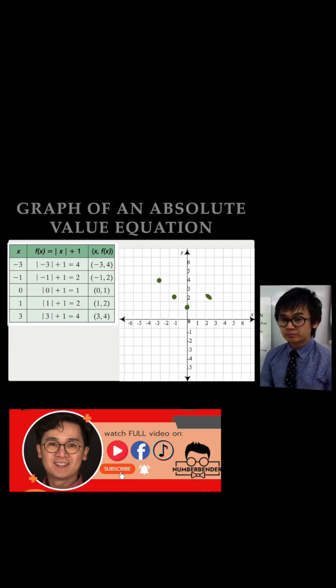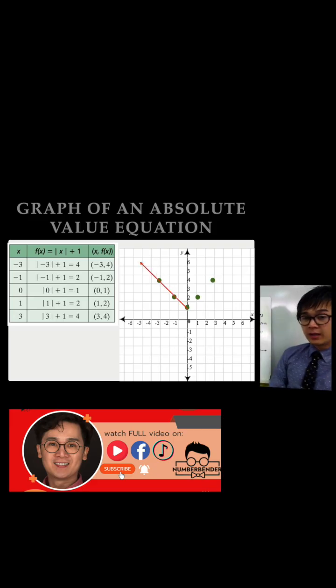Then 1 and 2, and 3 and 4. Now, if you notice, we have a V-shaped graph, and we know that the graph of an absolute value is shaped like a letter V. So when you connect the dots, the graph of f of x equal to the absolute value of x plus 1 is just the graph that you are seeing right now.